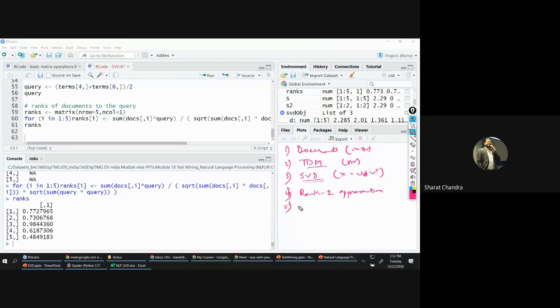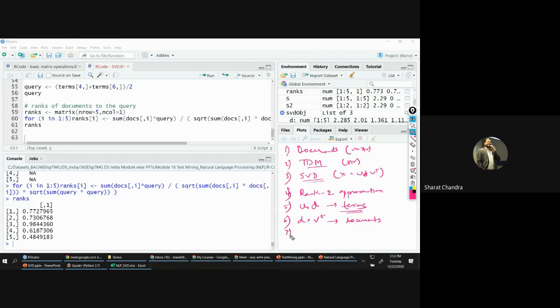Then the fifth step that we did is, sorry, my bad, we multiplied U with the diagonal matrix. This gives us the terms matrix, the terms to topics matrix. Then we also did D multiplied by V transpose. This gives us the documents.